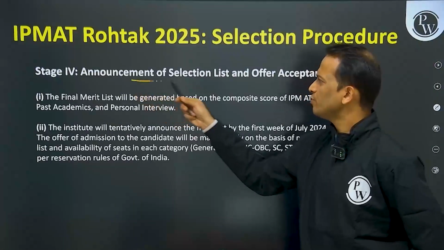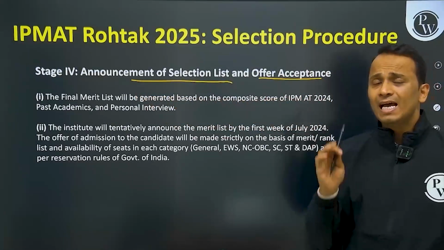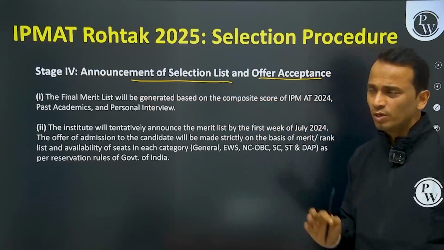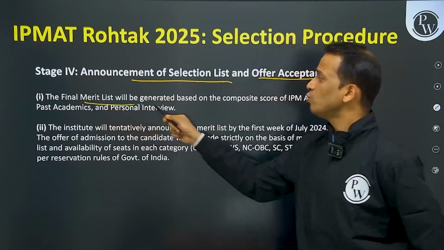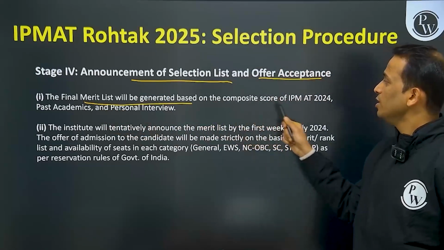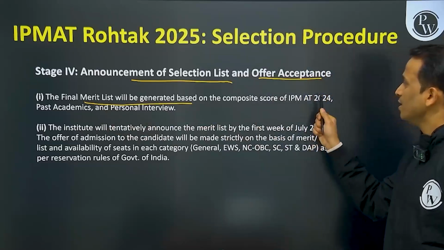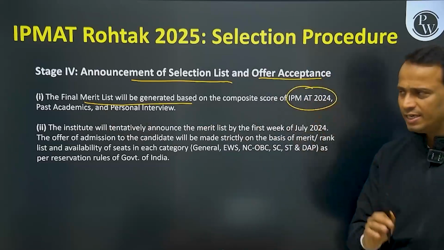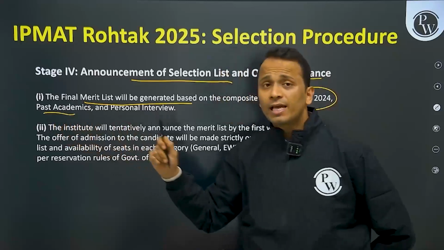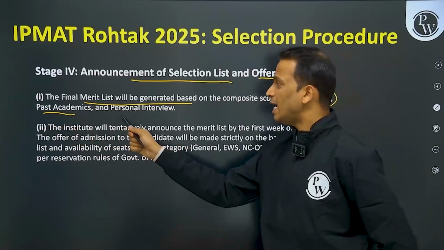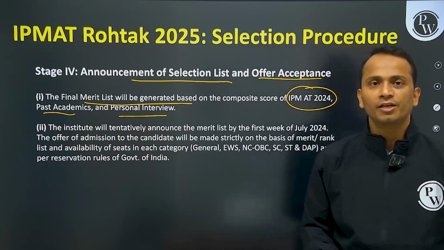Stage 4 is the announcement of the selection list and offer acceptance, and let's see on what basis this will be done. The final merit list will be prepared based on the composite score, which will include your performance in the IPMAT examination, definitely, your past academics will also be considered, and then your performance in the personal interview.